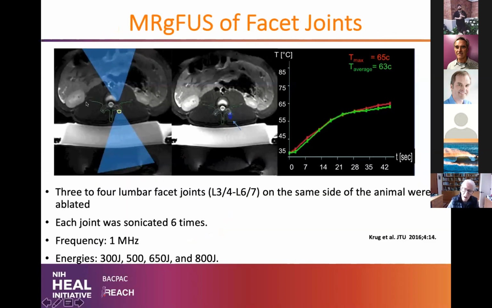We looked at a swine model. You see the animal lying on the MR table with some gel padding, and a focused ultrasound transducer targeting the facet joint. With MR, you can also monitor the temperature during the sonication, and you can look at variations of the sonication energies and sonication frequencies.